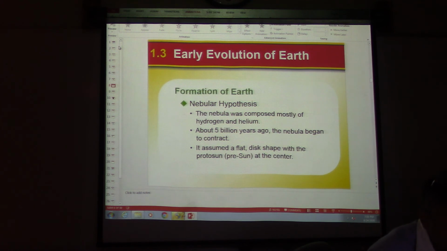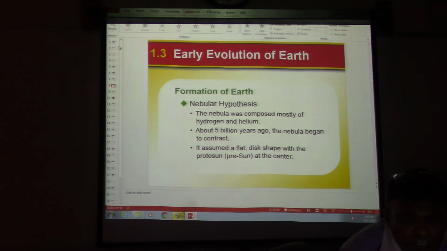The nebula contracted and became a flattened rotating disk, and the pull of gravitational energy turned into thermal energy. That eventually gave rise to circulating rings, and the center portion, because of gravity, contracted and eventually gave rise to the early sun, which is called the proto-sun.